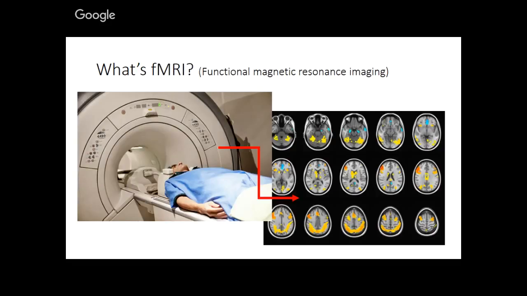Now, a newer method is functional MRI, magnetic resonance imaging. That's a technology based on finding where the blood in the brain is more actively pumped in because of the activities of the brain.